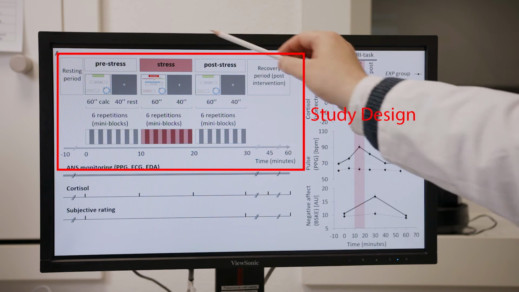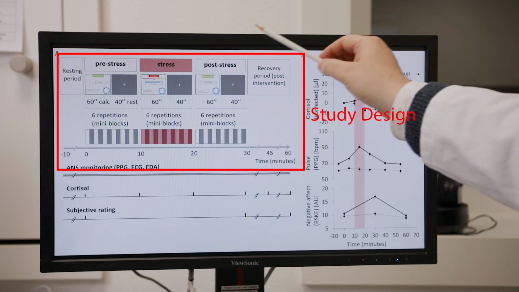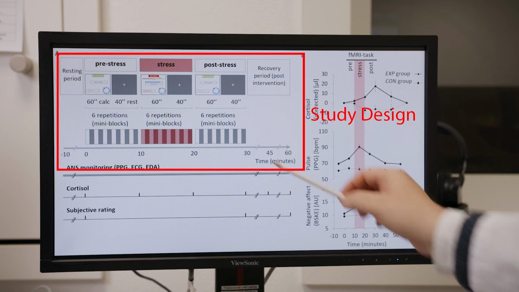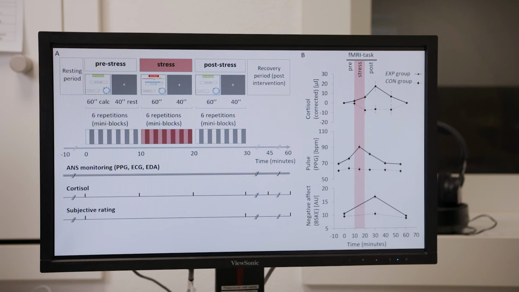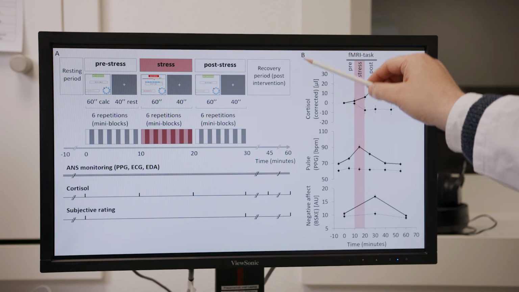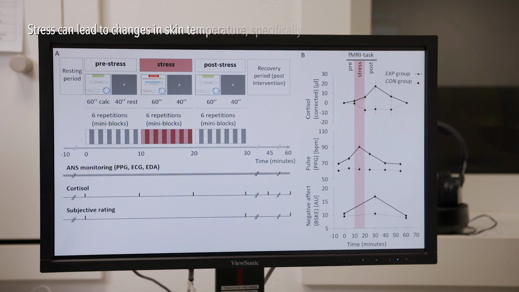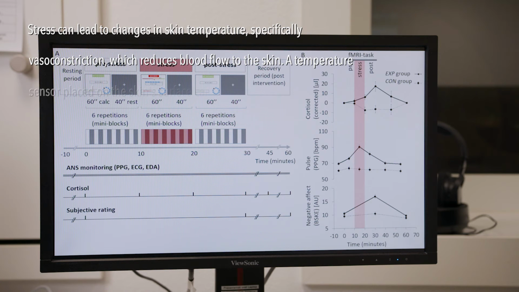And after that, we take back these stressors and switch back to the normal, easy cognitive task. After these three blocks, we have a recovery period, and finally, we will obtain another resting state scan of the brain.